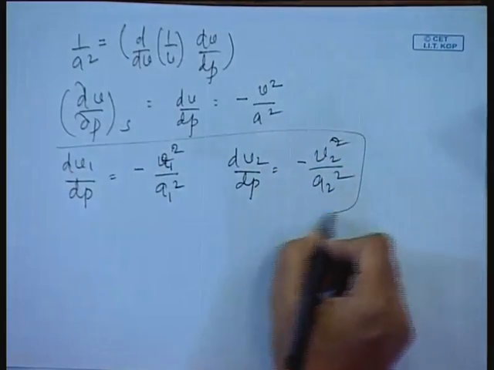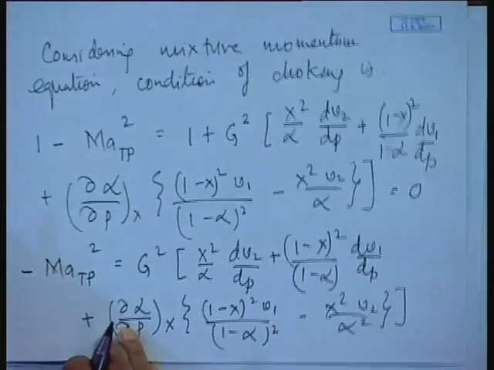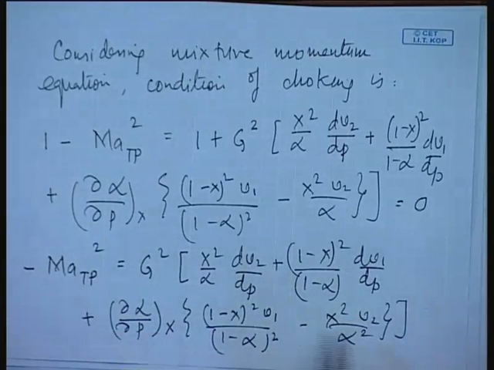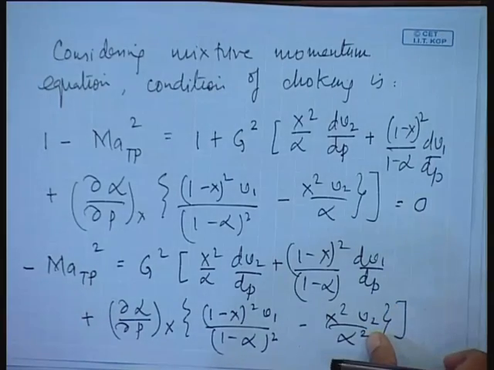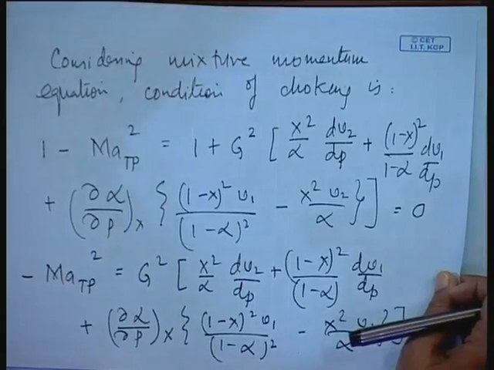If we make all these substitutions into the denominator of the momentum balance equation which we had derived, then what do we arrive at? Just do it and tell me what we get under that circumstance.